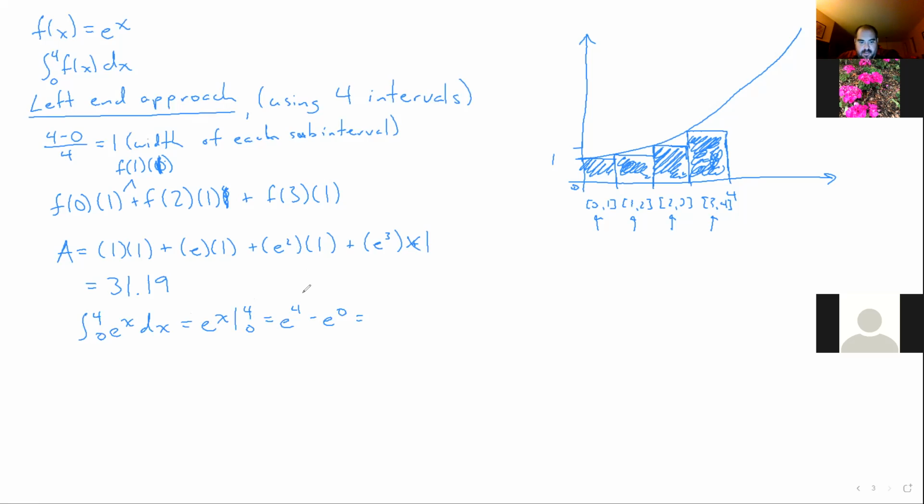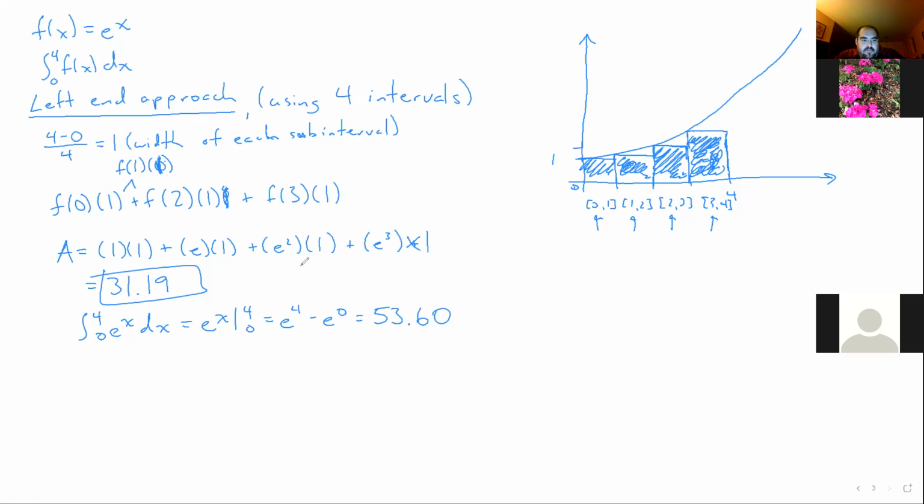This comes out to be approximately 53.60. So our approximation is not very good, but we're using intervals that are pretty wide. But like we predicted, we did have an underestimate, and it's pretty severe.